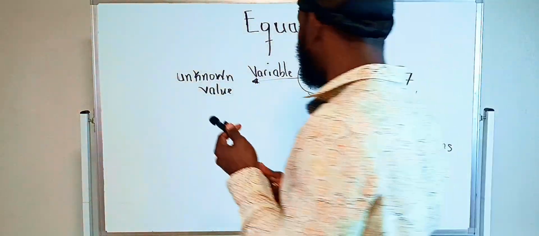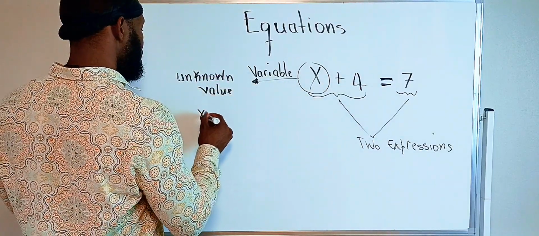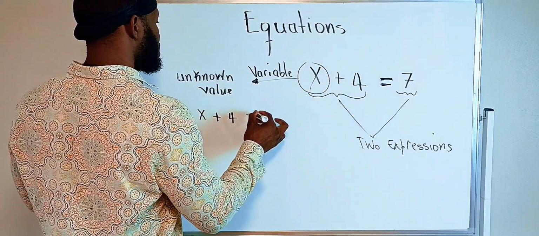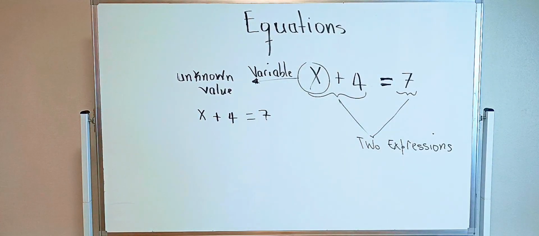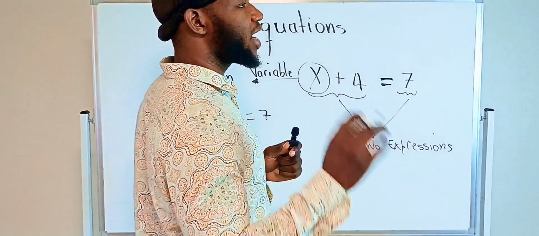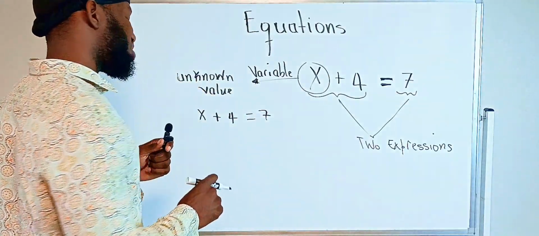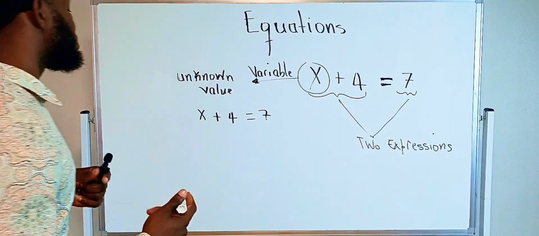Like this one, let's solve this one. We got x plus 4 equals 7. How can I solve this? I should solve this to have the value for x. Once I got the value for x, that means I solved it. So let's do it.